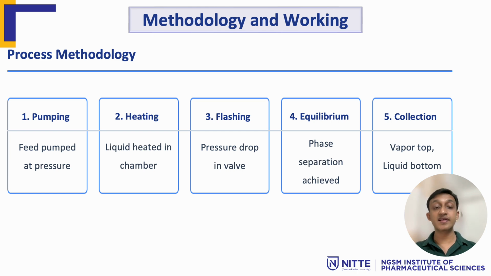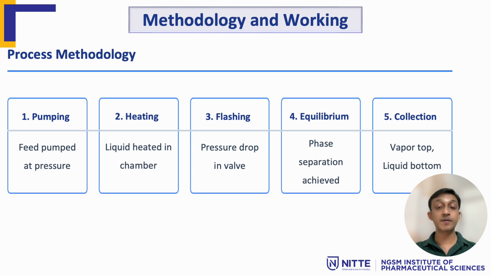Let us now understand the working of flash distillation step by step. Pumping: the feed is pumped at high pressure. Heating: the liquid is heated to the desired temperature. Flashing: the pressure is suddenly reduced using a valve.